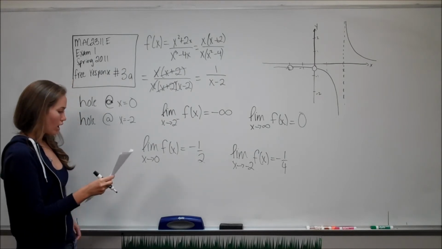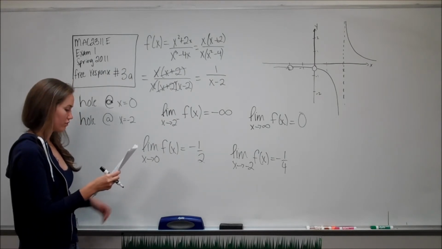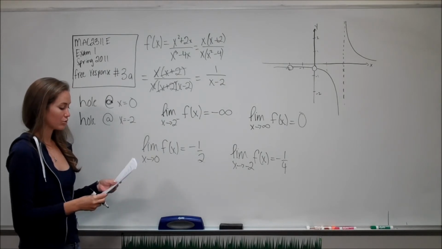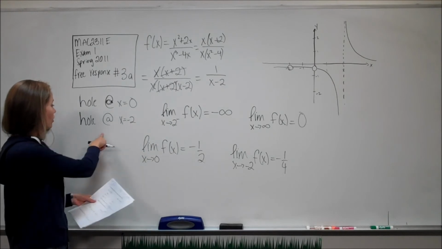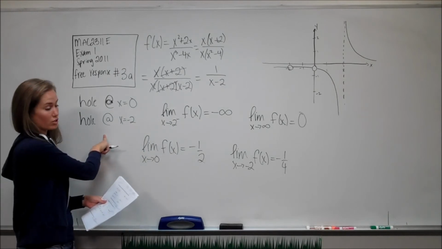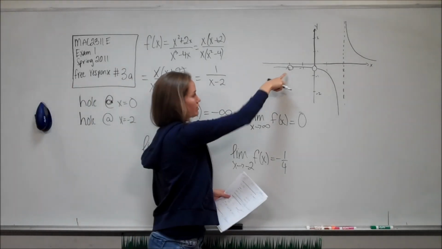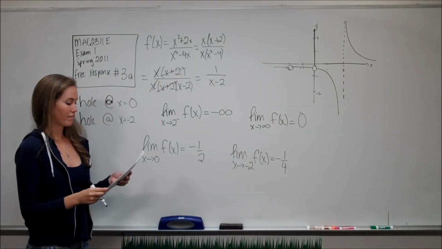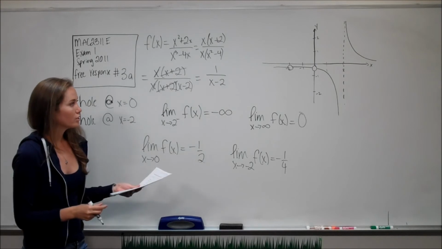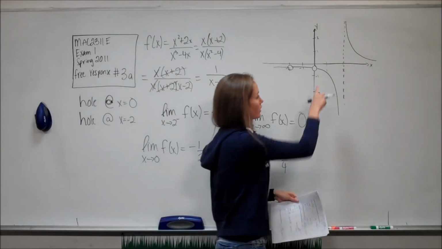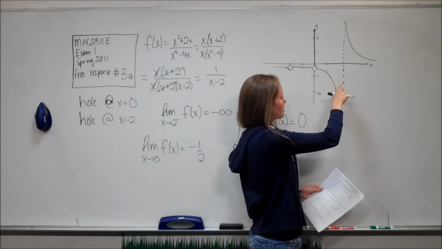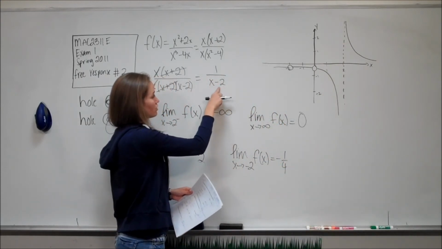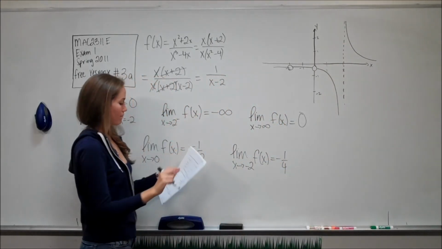3a is asking us just a few more things. It says, what feature does the graph of f of x have at x equals negative 2? We already wrote that up here: there's a hole at x equals negative 2, and we can see that on our graph as well. It also asks, what feature does the graph have at x equals 2? If we look at x equals 2, we have a vertical asymptote there, because this minus 2 shifted everything to the right.